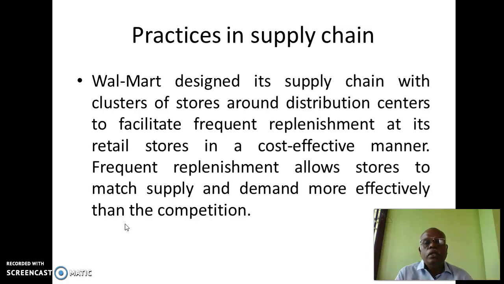That means Walmart designed its supply chain in such a way that the company distributes the products to different stores frequently, so that no customer will go out of the shop because the product is not available. That means product will be available at all shops at any point of time, so that due to the availability, the success of Walmart is very clear.